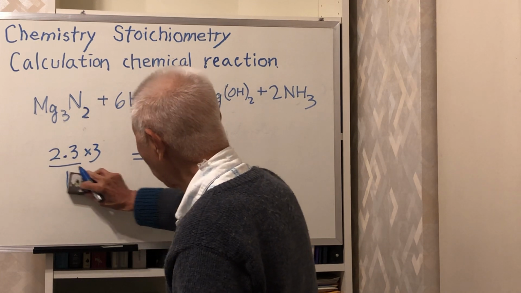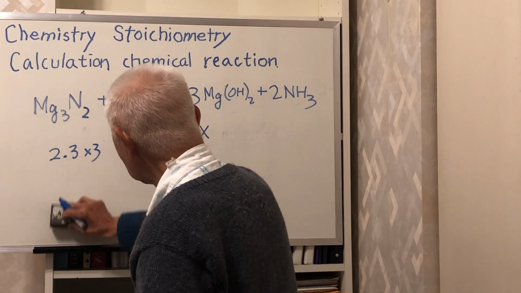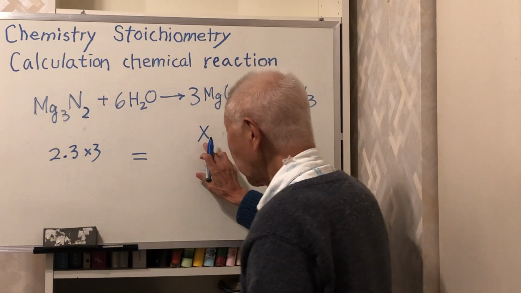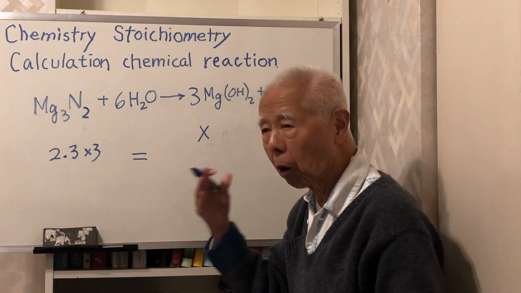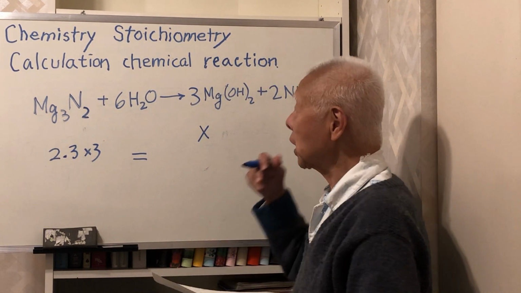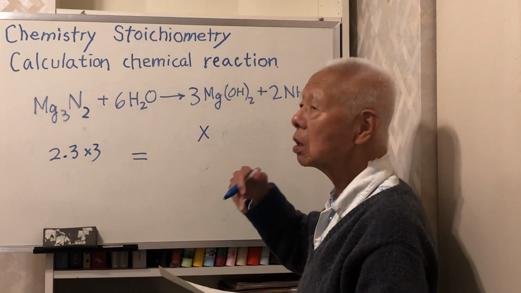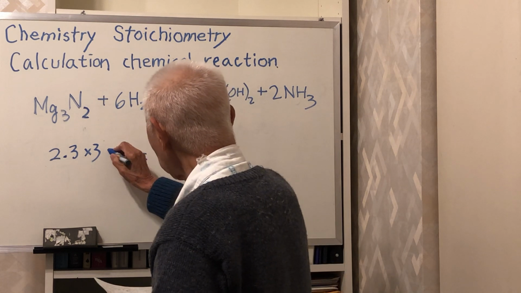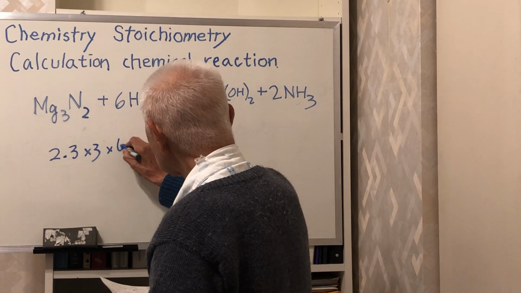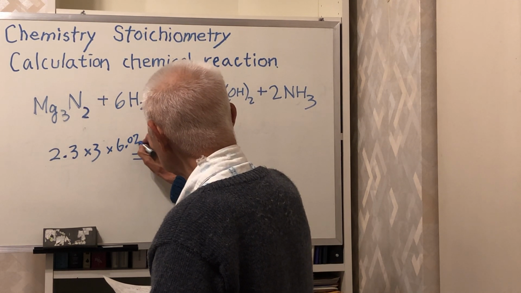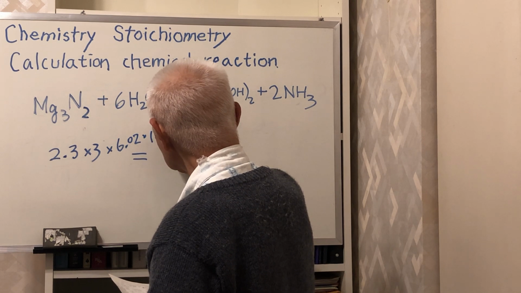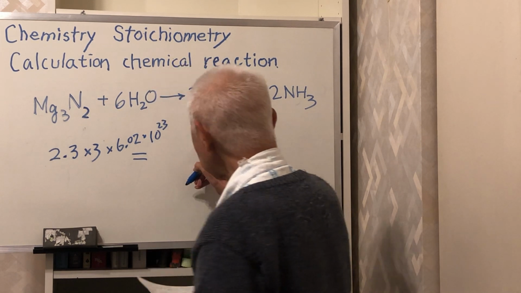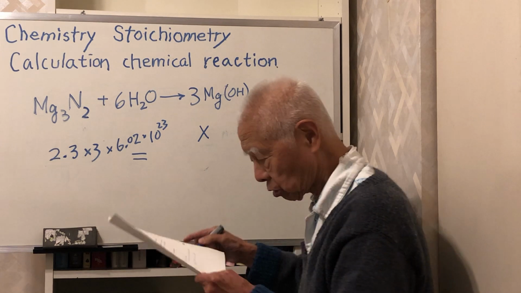You don't need to divide by 1. So this is x equals this much mole. And then I need to change mole to number of molecules. So I multiply this whole thing by 6.02 times 10 to the 23. So that is how you find the number of molecules.